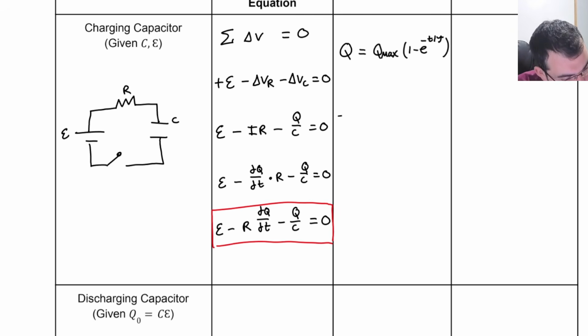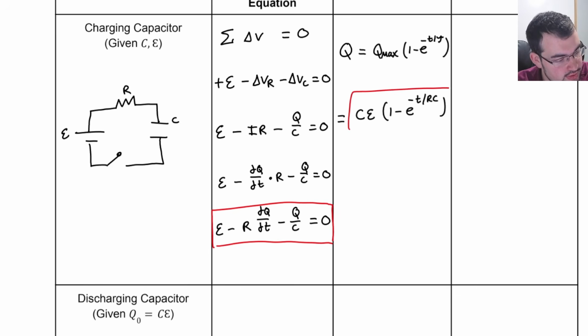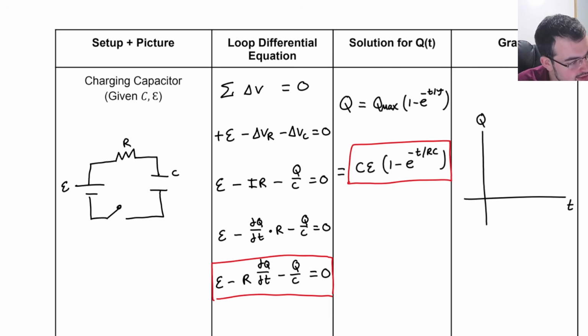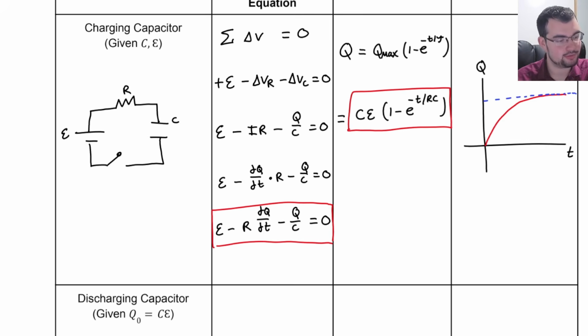For our circuit, the maximum charge it can store would be Q equals CV, so C times epsilon times 1 minus e to the negative t over tau, which for an RC circuit is RC. Now, what does this graph look like? Well, this graph is our exponential approach. It is going to level out and approach a maximum value.